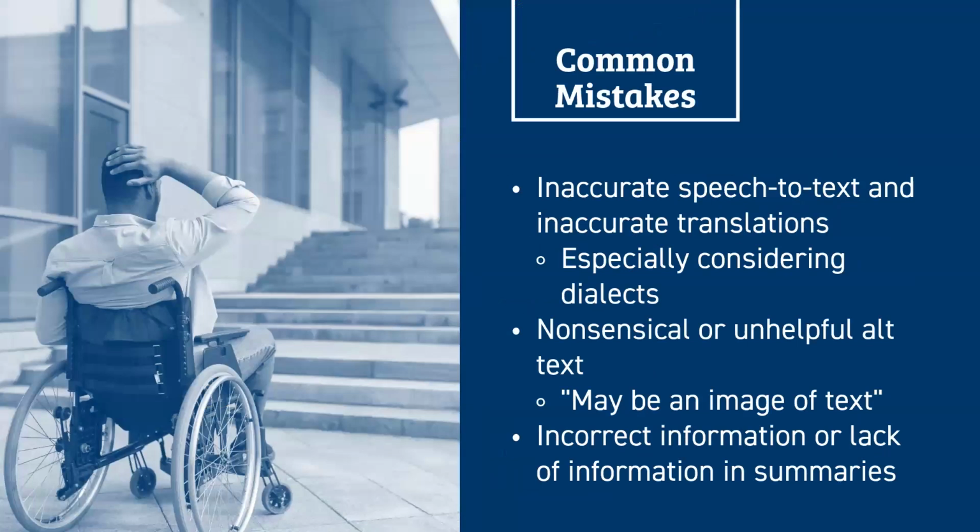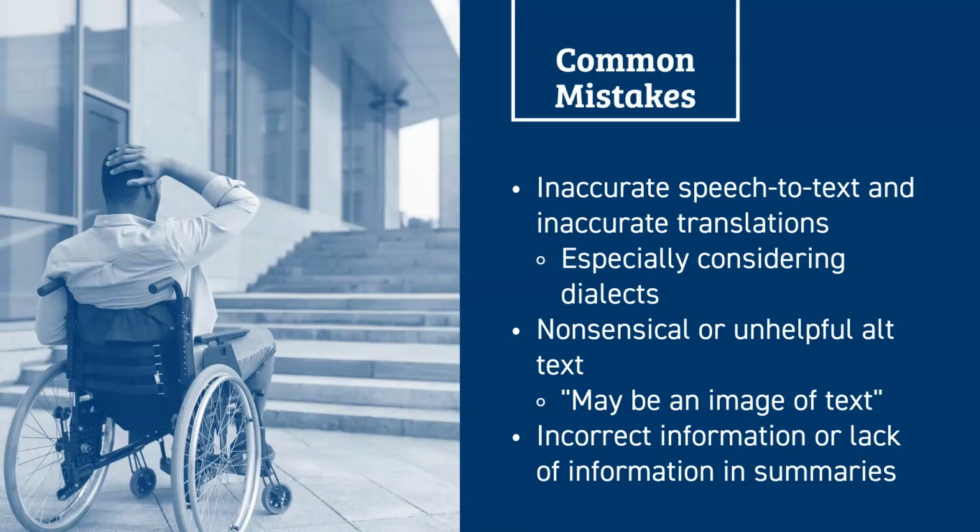So some common mistakes to look out for: inaccurate speech to text and inaccurate translations. That's, I think, my number one. We do a lot of videos at the library. We do a lot of AI captions for those videos, usually through Adobe Premiere, but Camtasia will do them. YouTube will do them. I think Vimeo does them now. And the problem is that they're not always accurate.